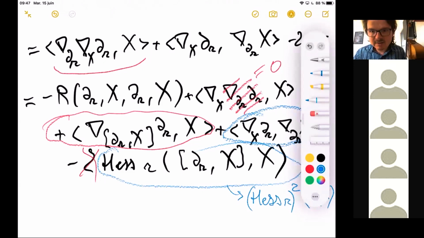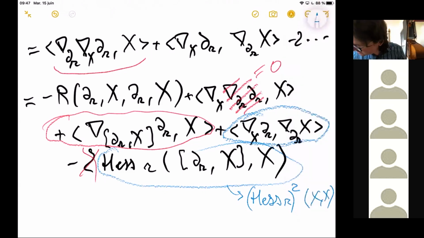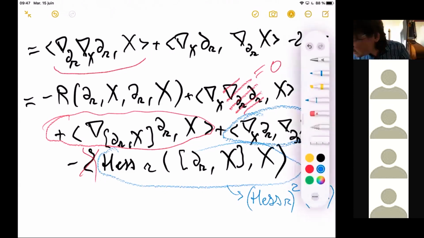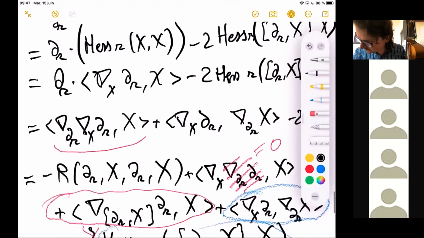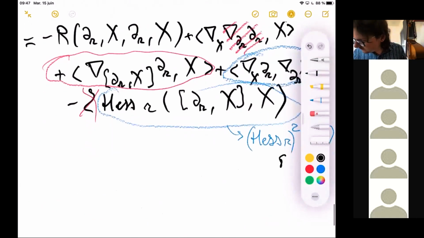I agree. And we could just exchange here to get the Hessian squared. So as I said, there are a lot of ways to do these computations, and what you need is to find something which is good for you.